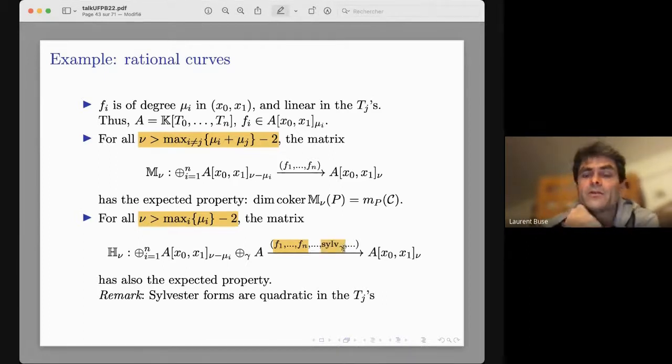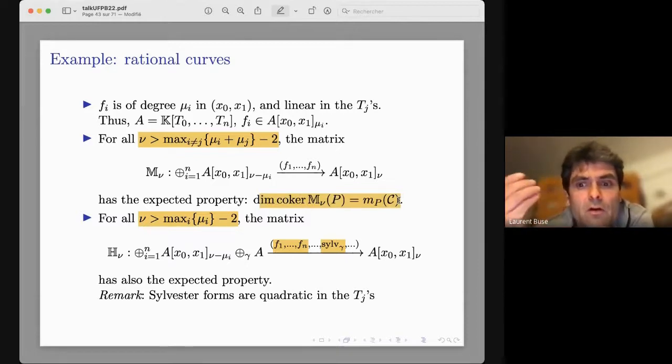So you have a smaller matrix because you can go smaller in degree nu. You see that nu here gives you the number of rows of this matrix. And what we proved before is that this matrix has exactly the same property: the dimension of the cokernel is the multiplicity of the point. So you gain a lot here by using the Sylvester forms.